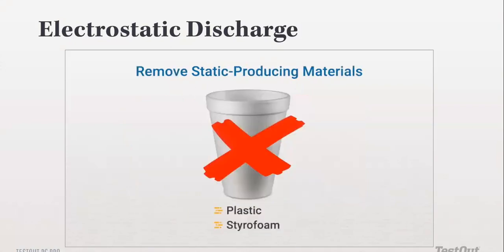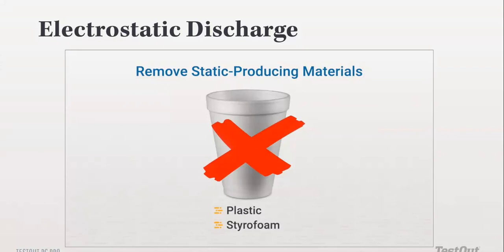Also, while working with components or materials that you use to store your devices or your electrical components, avoid those that can produce static electricity. We are talking of plastic and styrofoam. Styrofoam is this thing that is white and chunky that you use to preserve things like television or fragile stuff when they are traveling.